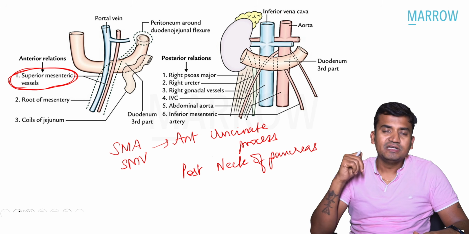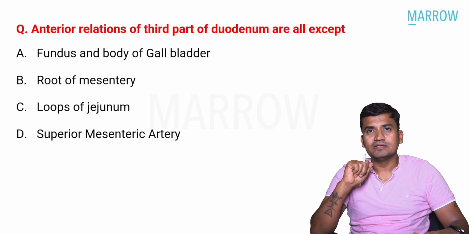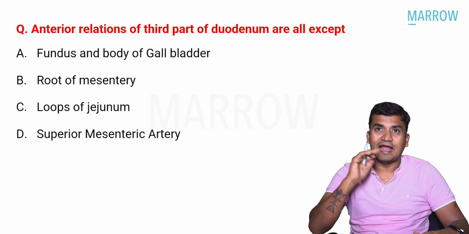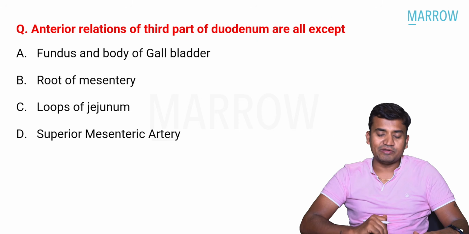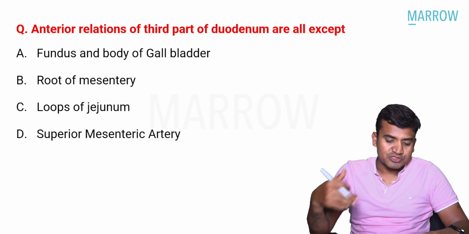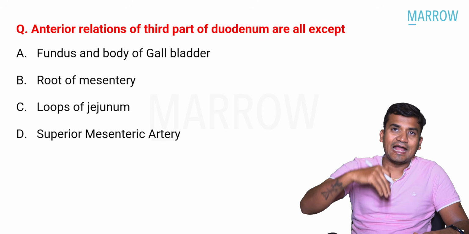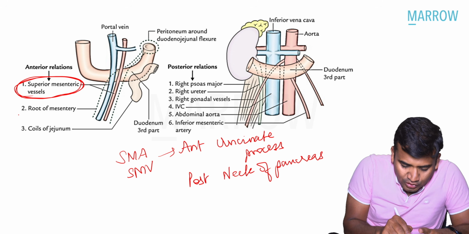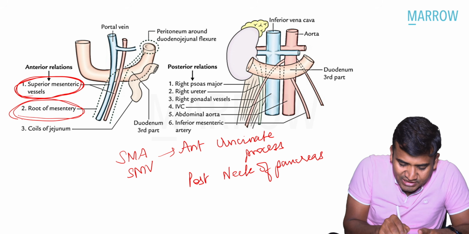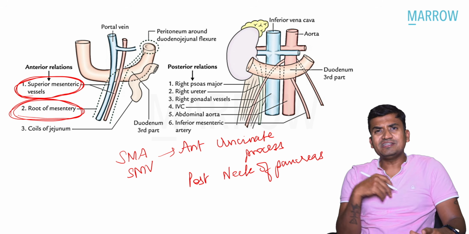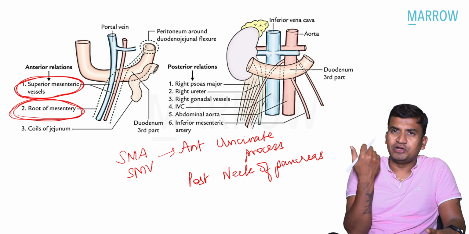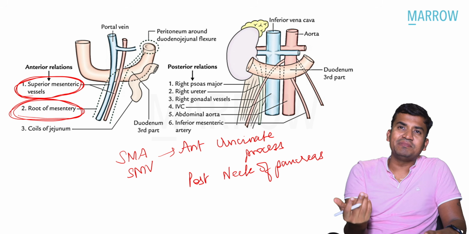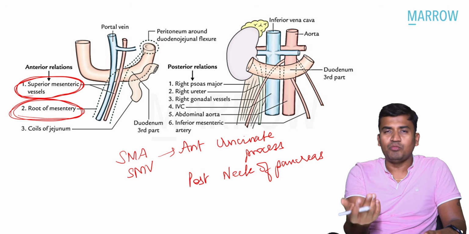Now see the question. Here they are asking about the anterior relations of the third part of the duodenum. The superior mesenteric artery and superior mesenteric vein pass anterior to the third part of the duodenum. It is also crossed by the root of the mesentery. What is mesentery? Mesentery is a peritoneal fold suspending the jejunum and ileum from the posterior abdominal wall.